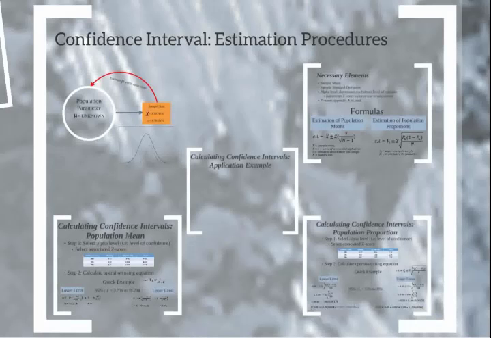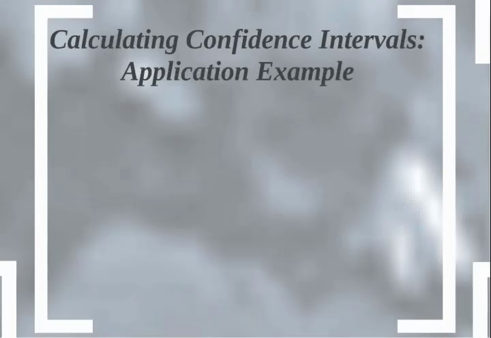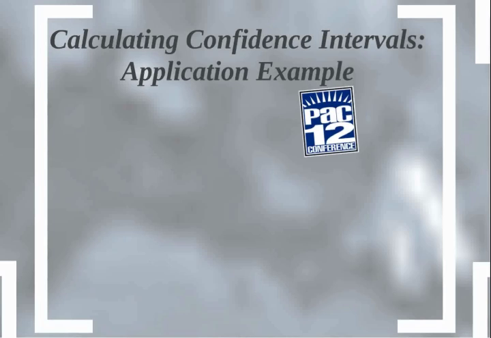So now let's move on to take a look at an applied example of this. Say I'm really interested in basketball, and I'm specifically interested in the Pac-12 conference. One of the things I'm interested in is the height of the players in the Pac-12.